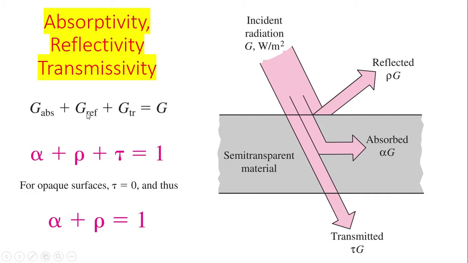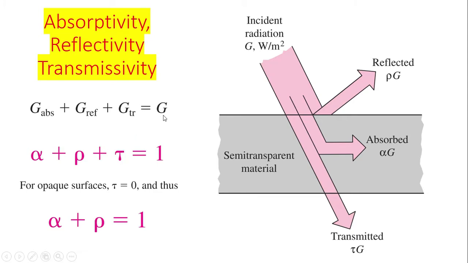This is G reflected divided by G, which is known as the reflectivity. And this G transmitted, which is the flux of the transmitted radiation, divided by the incident radiation G, is known as the transmittivity.